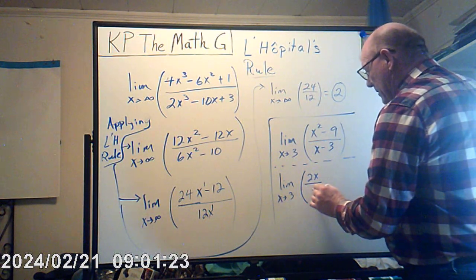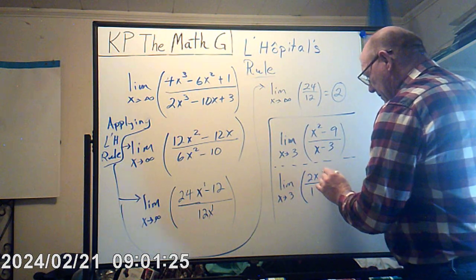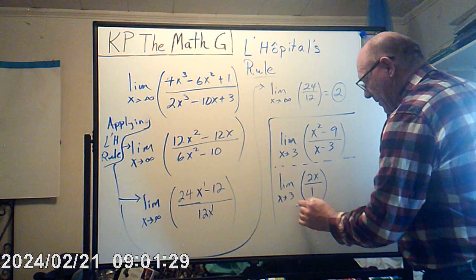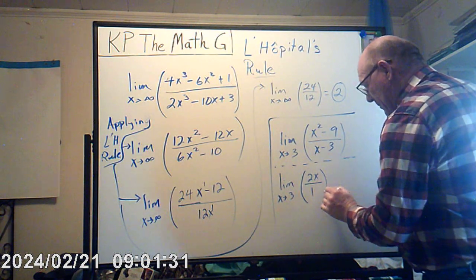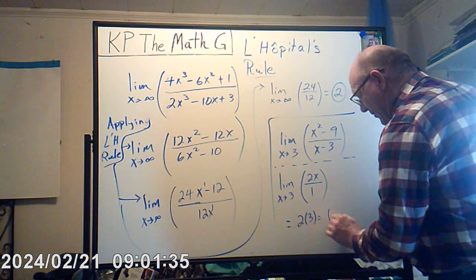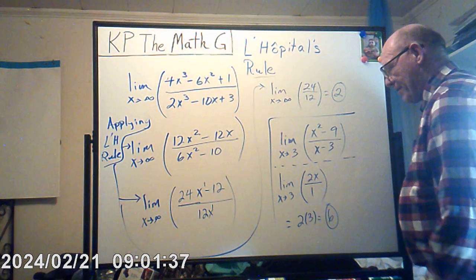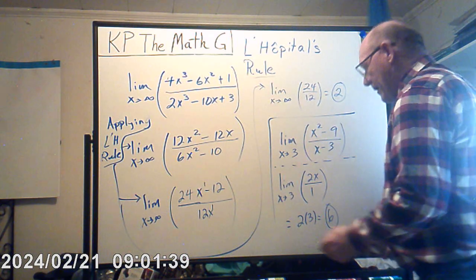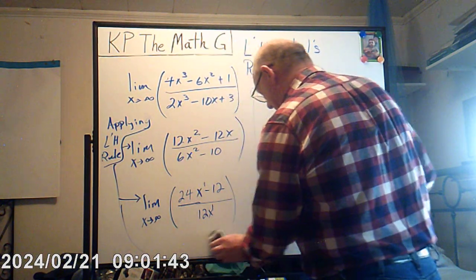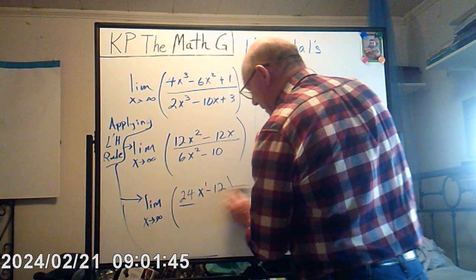Over 1. And then 3 times 2 is 6. So there it is, and it would give you the same answer, I believe, if you went ahead and did this.